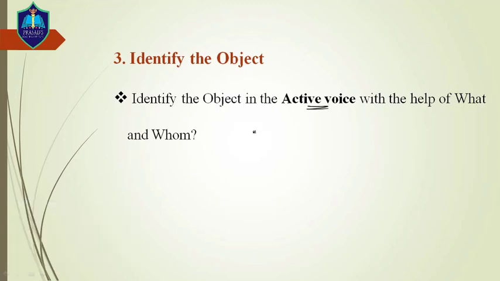If the statement is in active voice, then how we are going to identify the object, I am just taking an example. The same example I am taking: Sunil plays football.